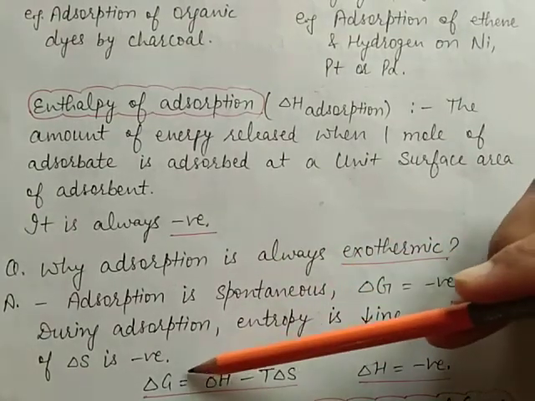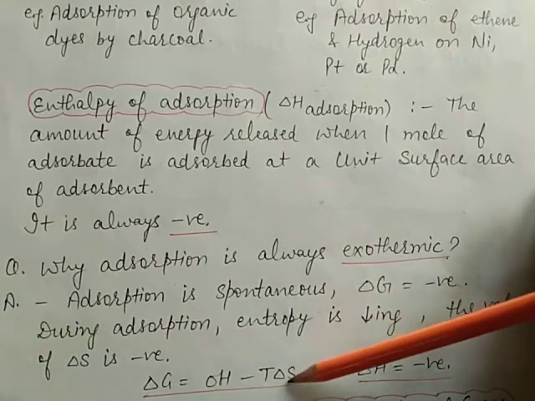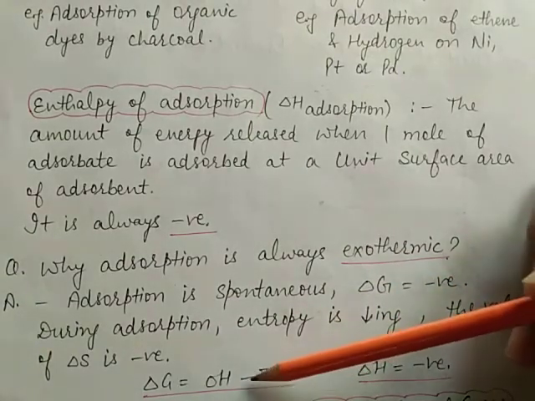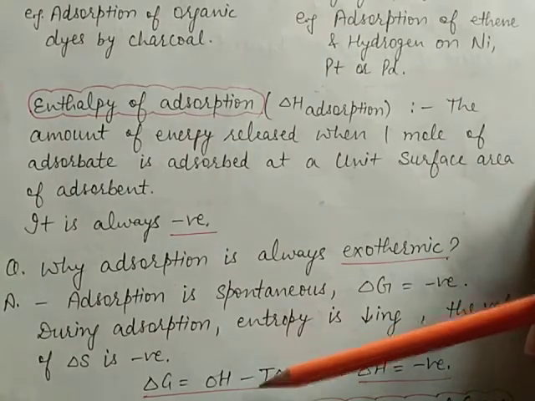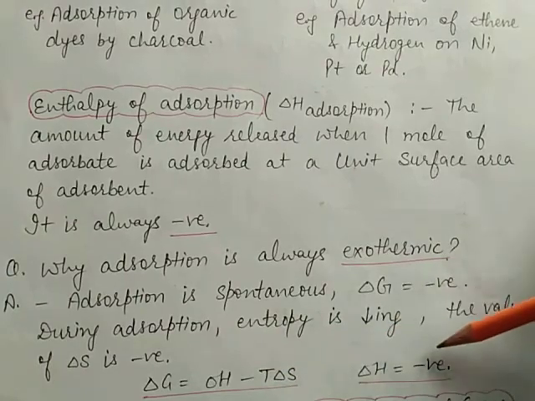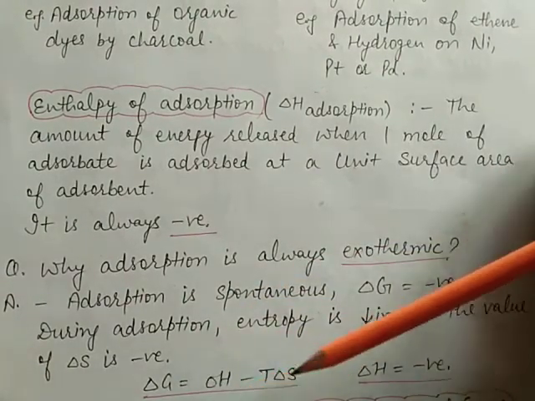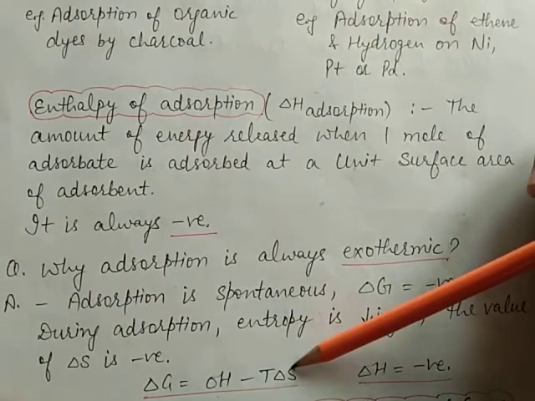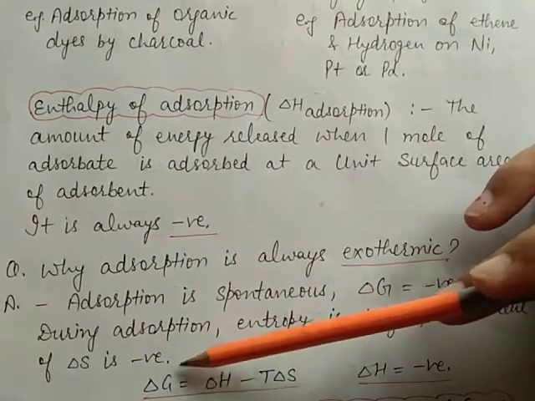If delta G is negative and delta S is also negative, then delta H must also be negative.